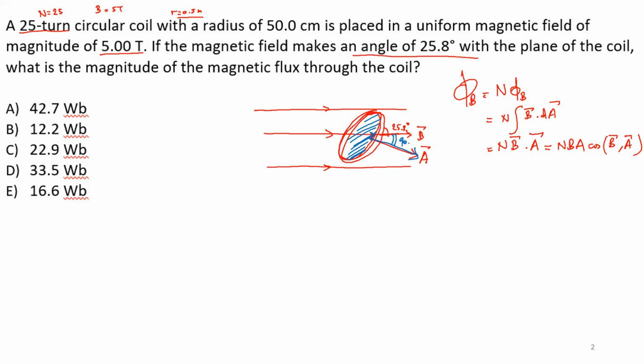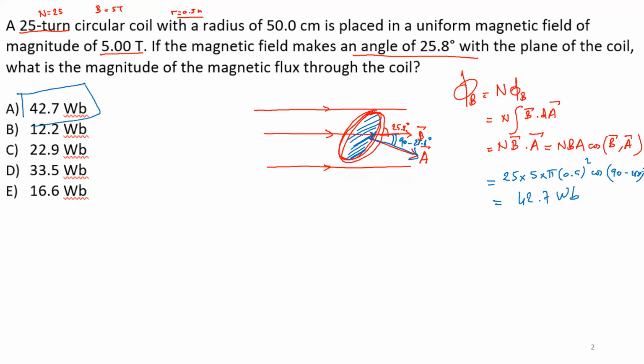So this angle is 90 minus 25.8 degrees. So it will be N, which is 25, multiplied by B, which is 5 Tesla, multiplied by A, which is pi R squared, which is 0.5 squared. Now cosine of which angle? 90 minus 25.8 degrees. And this will give you 42.7 Weber. So the answer is here.